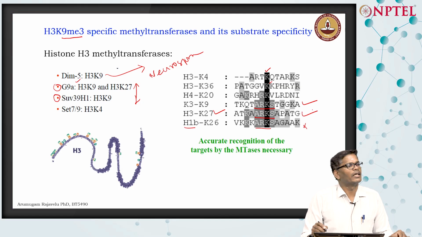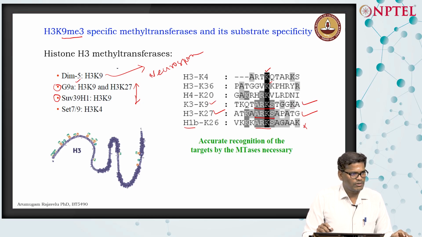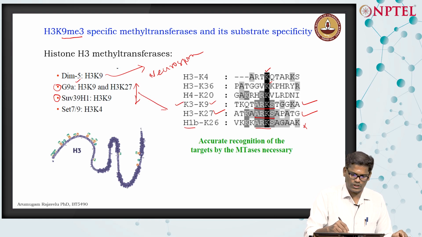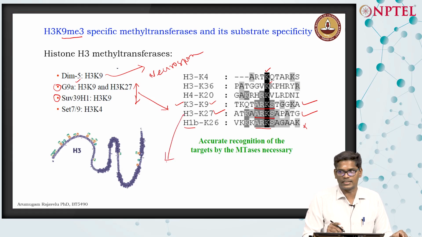But these two are repressive epigenetic positions, histone 3 lysine 9 and 27. Although they have more or less similar flanking regions, the enzyme preference varies highly. For K9 positions, there is a specific set of enzymes, in this case these two enzymes, and for 27, I'll explain, there is only one enzyme, which does not methylate K9 but only K27.